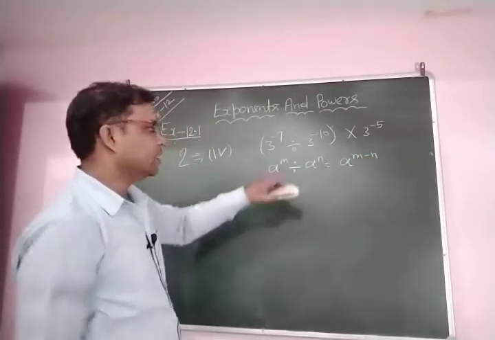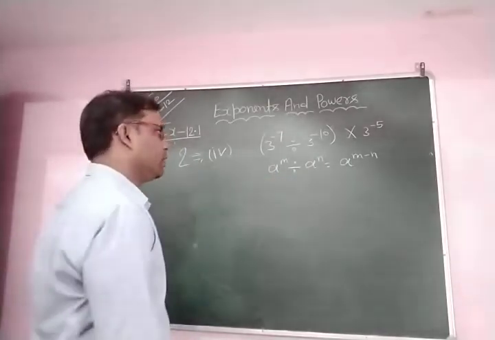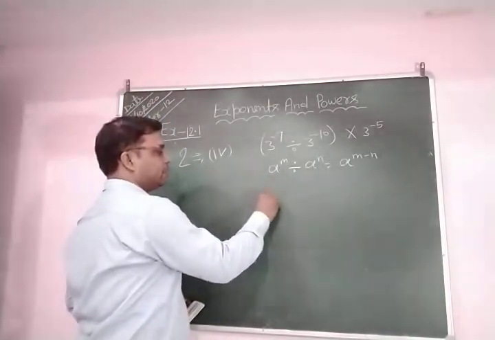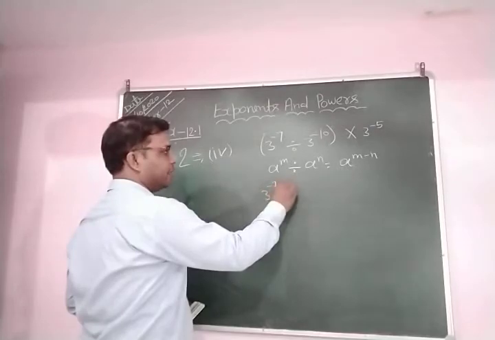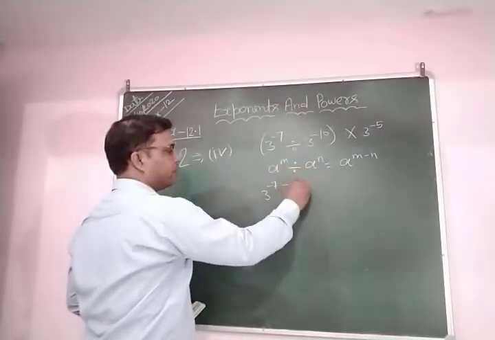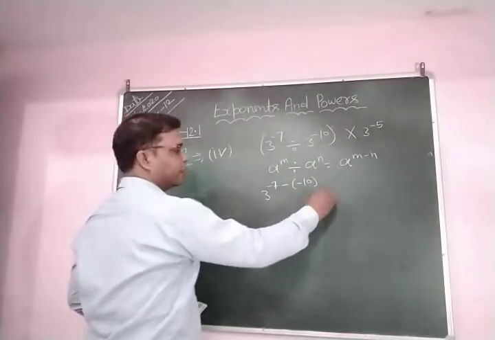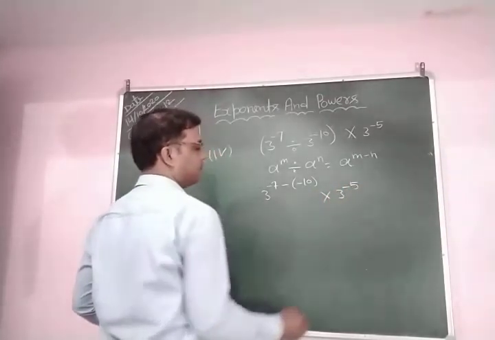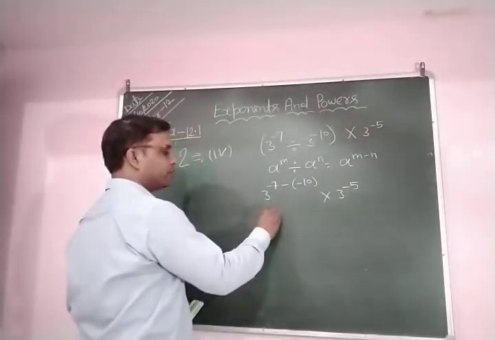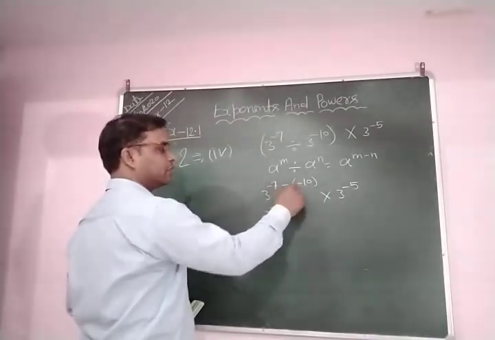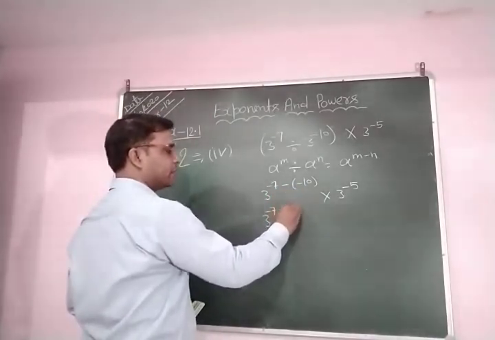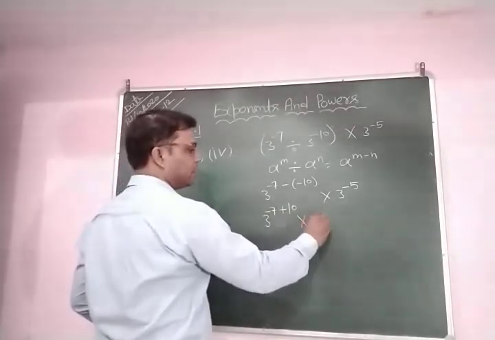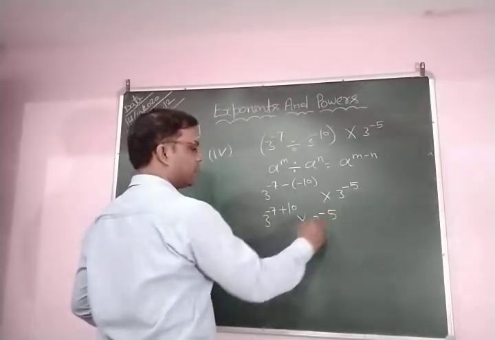So according to this law of exponent, you can write here 3 power minus 7 minus minus 10, into 3 power minus 5. So this is equal to 3 power minus 7 plus 10 into 3 power minus 5.